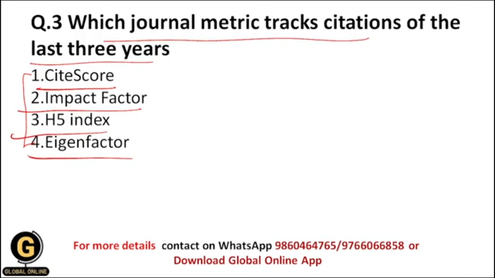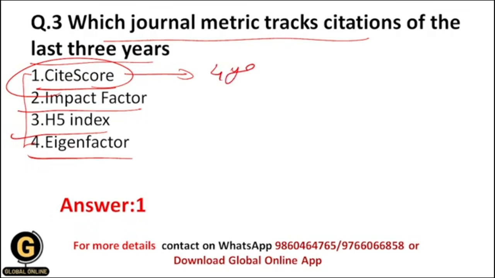We have seen the definitions of these in the earlier part of this video, and that's why your correct answer should be 1, cite score, because according to its definition, cite score tracks the citations of the last 3 years plus 1 current year, so 4 years in total.